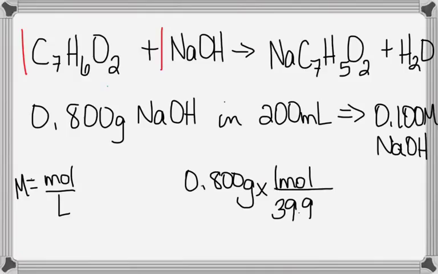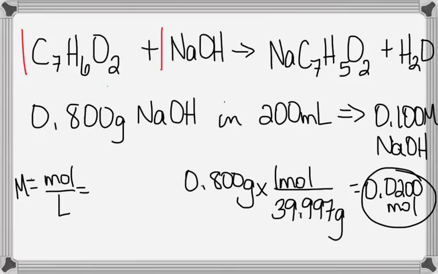I think it's what it gives you in the background of your lab, which we can just get from adding up the numbers from the periodic table. That tells us we have 0.0200 moles of sodium hydroxide.